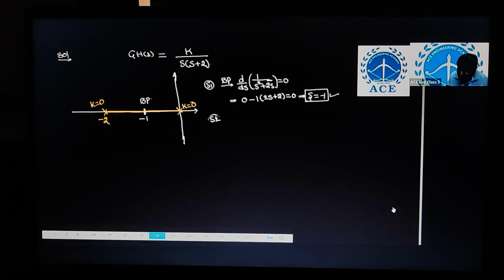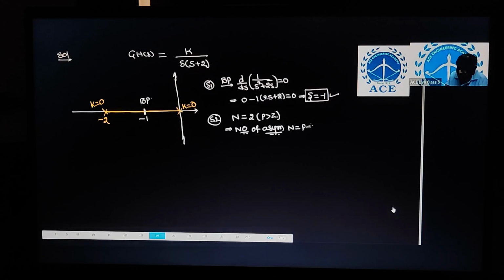Next, the second step: angle of asymptotes and centroid. The number of branches is 2.